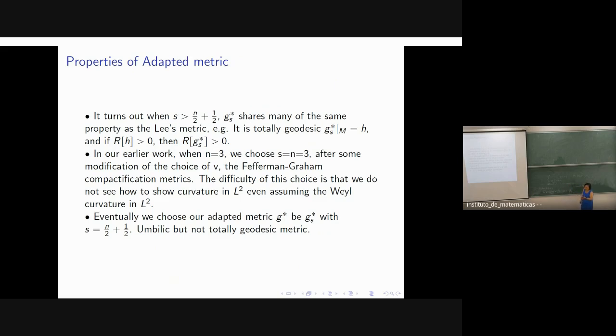For that reason, we are forced to deal with the adapted metric, which I also discussed in my first lecture, for S equal to n/2 plus 1L, and that we call the adapted metric.